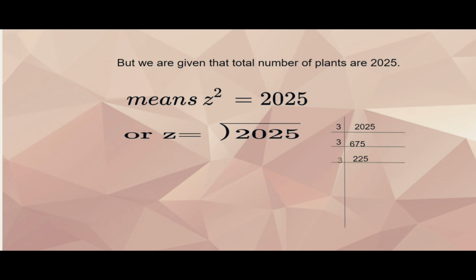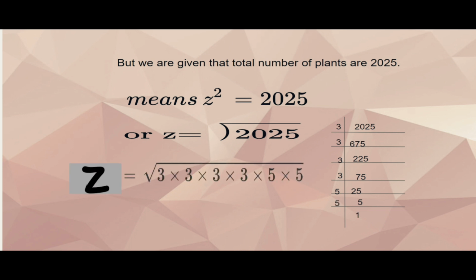It's again divisible by 3, we get 75. Dividing it by 3 again, we get 25. 25 is divisible by 5, we get 5. 5 ones are 5. So, we get the prime factors of 2025 as 3 multiplied by 3 multiplied by 3 multiplied by 3 multiplied by 5 multiplied by 5.